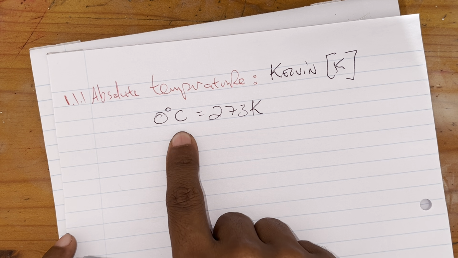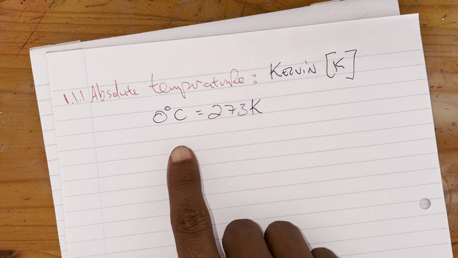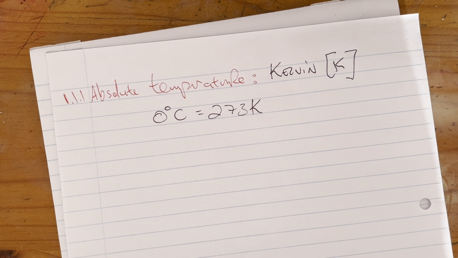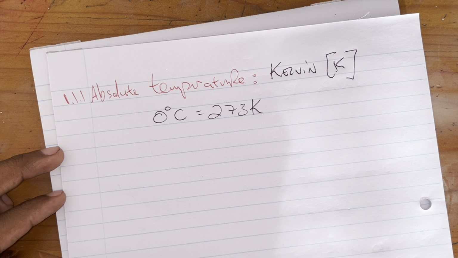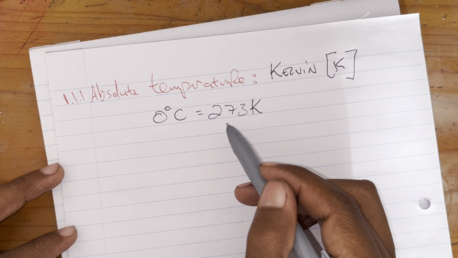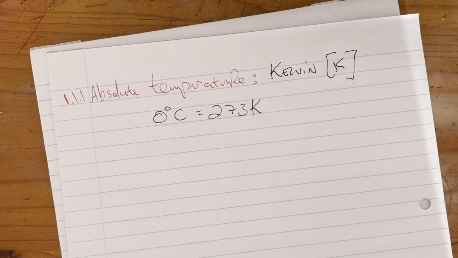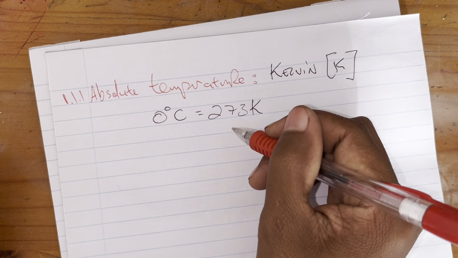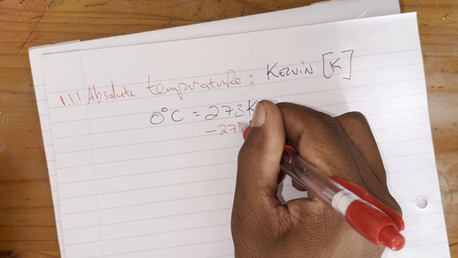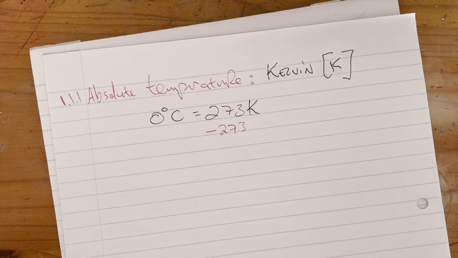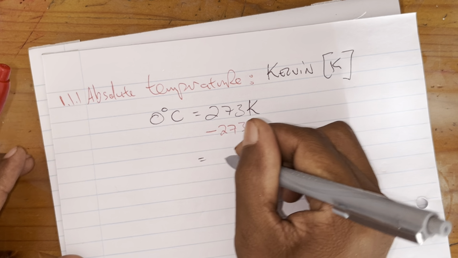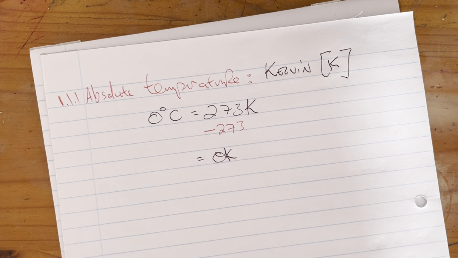We say 0 degrees Celsius equates to 273 Kelvin. If I'm at 273, how do I get to 0? It's simple. I say minus 273, then I get to 0 Kelvin.